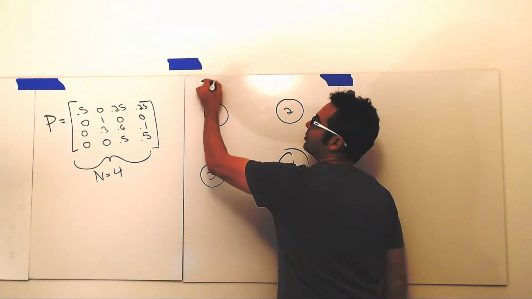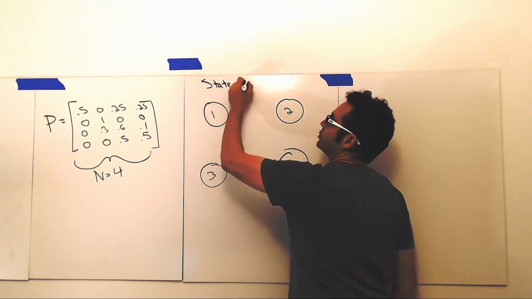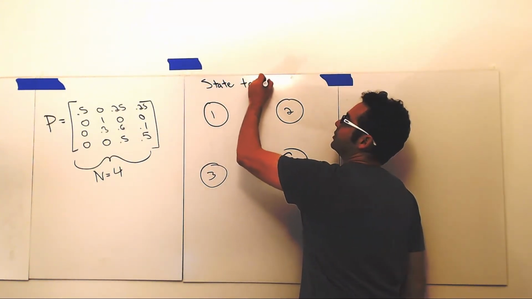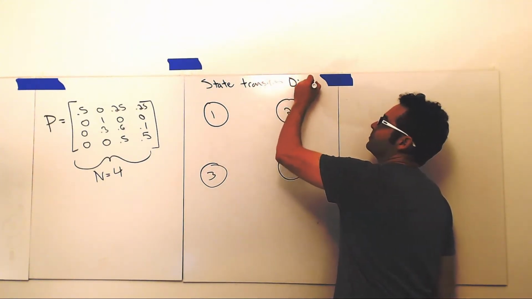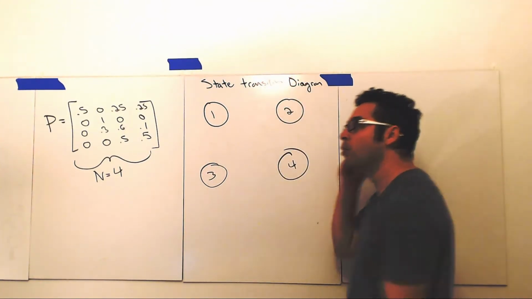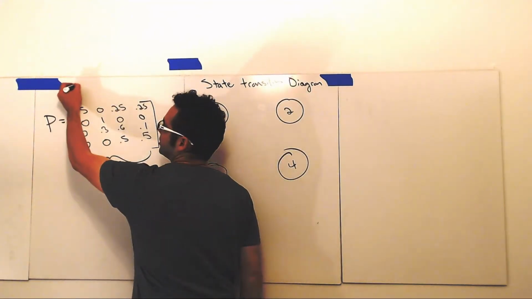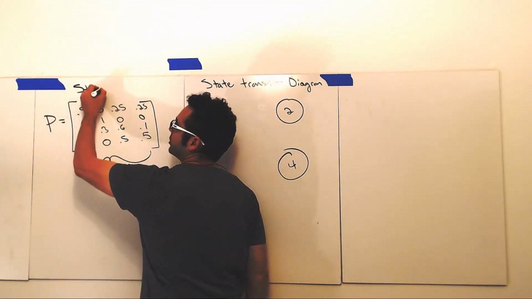Again, we call this the state transition diagram, while this P matrix is the state transition matrix.